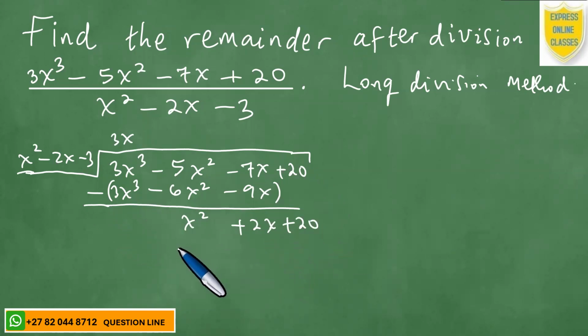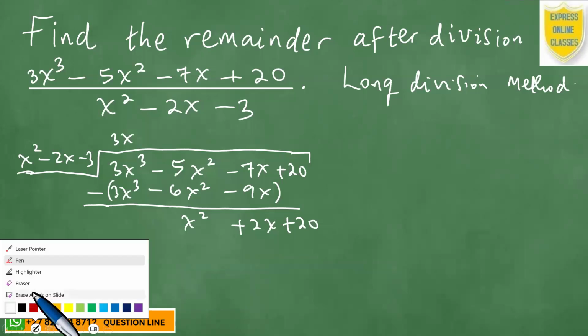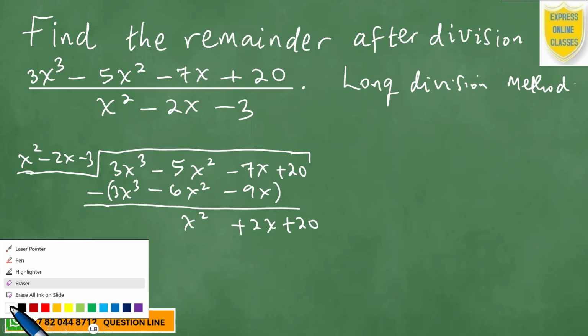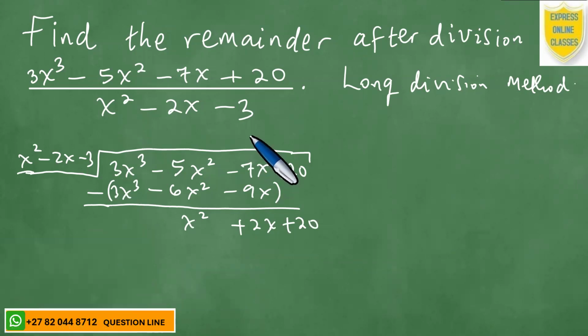But we need to make sure that we put this 3x in the right position. The 3x must not be put above the linear terms, so we put it over there. In other words, we divided 3x cubed by x squared, we got a 3x, and therefore we must put it there, above the linear terms.